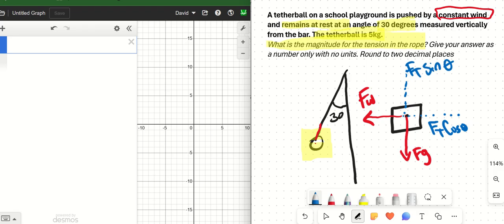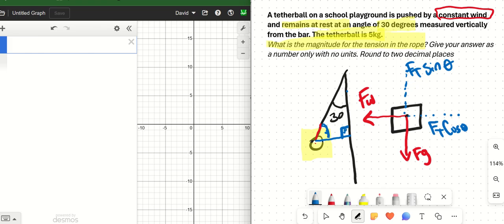Now our angle is going to be 30 degrees, or no, it's actually not going to be 30 degrees. So if we look at this, I have a right triangle. Here's my 90-degree angle. And I know that for a right triangle, all of my angles have to equal out to 180. So what I need to do is figure out what this angle is right here, because it'll work better with my free body diagram.